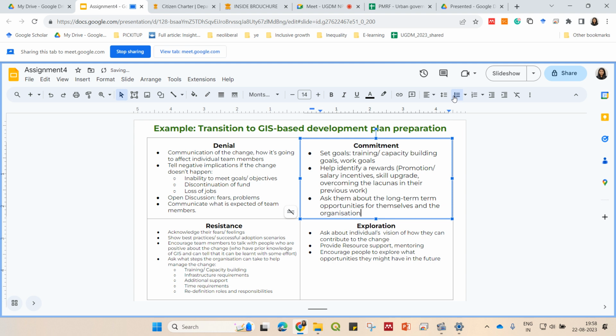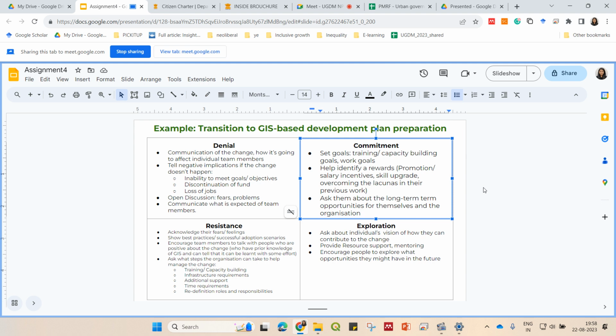So if they have this vision of long-term opportunities or for a future when they can actually assimilate this transition correctly, and they can actually build their skills or opportunities both for themselves and for the company or for the organization, it can help them be more committed to actually assimilating this change.